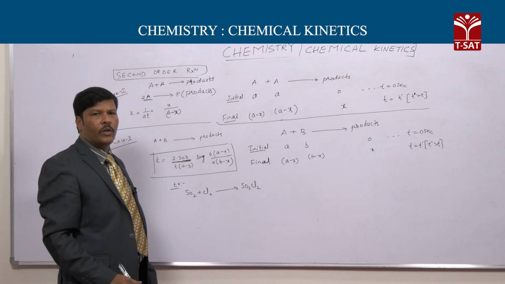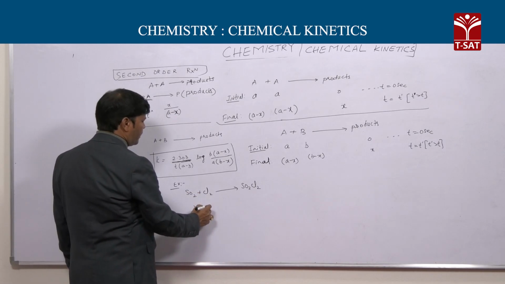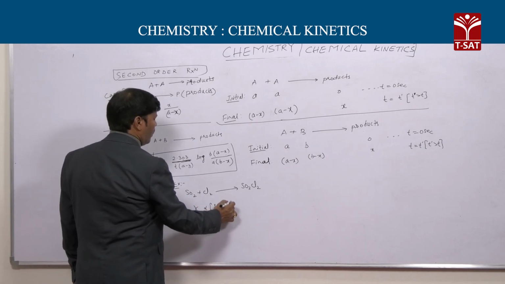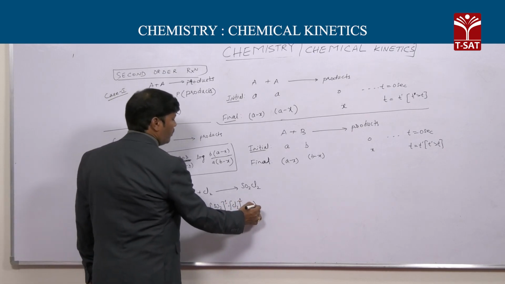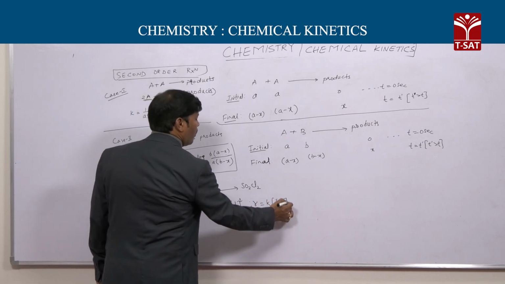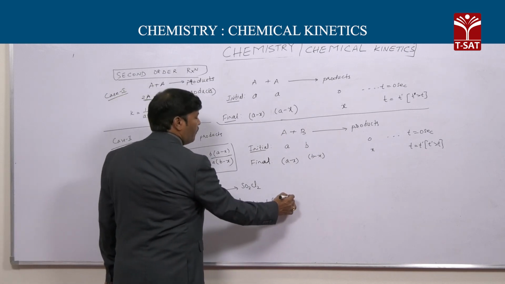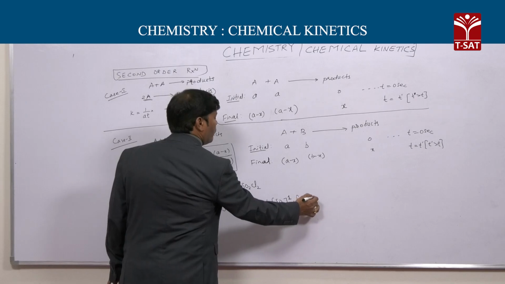If you want to write the rate equation, the rate of reaction is directly proportional to the concentration of SO2 to the power of 1 into the concentration of chlorine to the power of 1. Removing the proportionality, rate of reaction is equal to rate constant into the concentration of sulfur dioxide to the power of 1 into the concentration of chlorine to the power of 1.